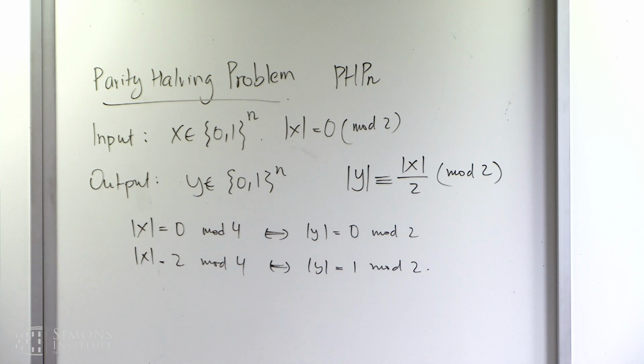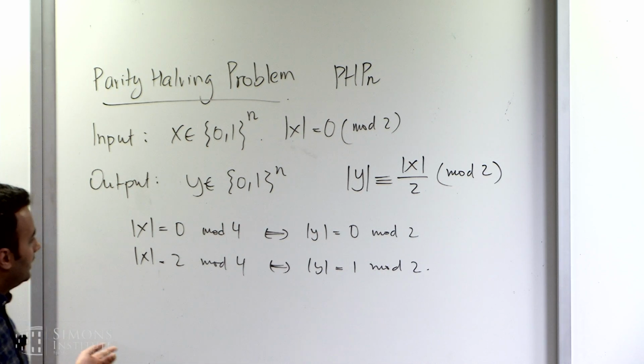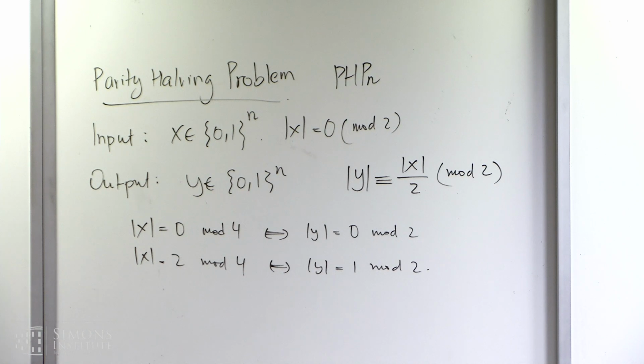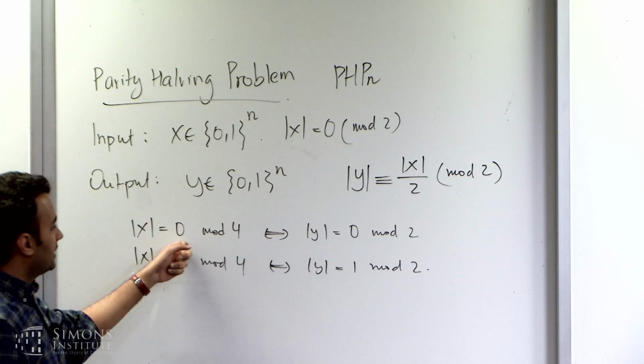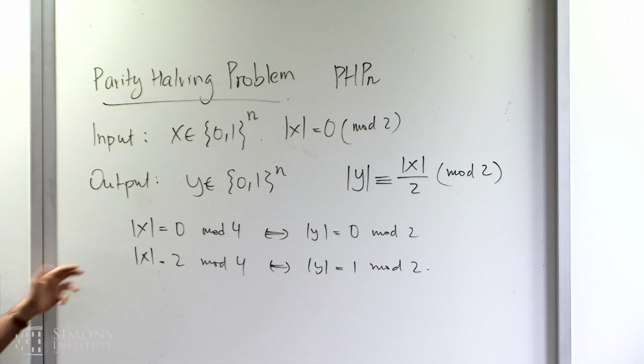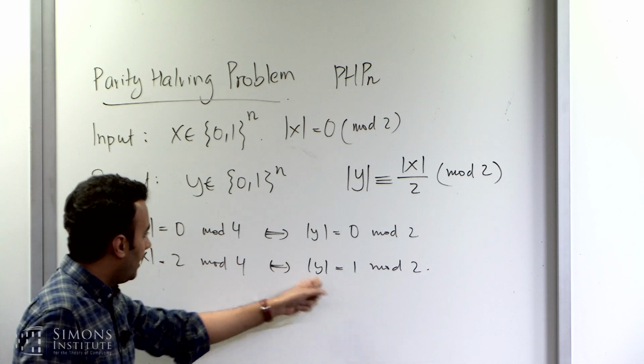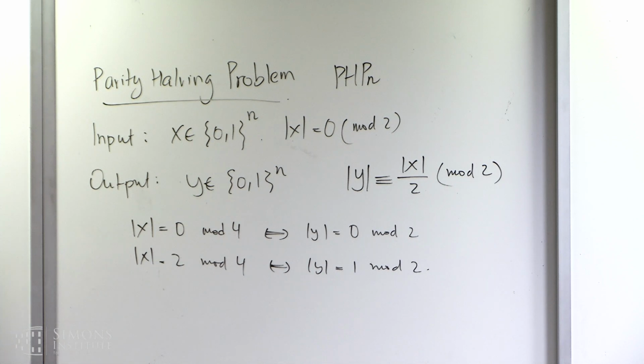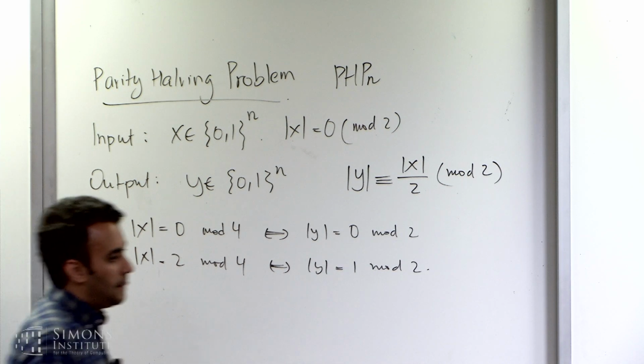So your task as the person solving the problem is to accept an input string whose Hamming weight is even, and then output a string whose parity is even if the input string's Hamming weight was divisible by 4, and odd if it was not divisible by 4, and it was 2 mod 4. That's the problem you're starting with. Is that good? The problem makes sense to everyone?